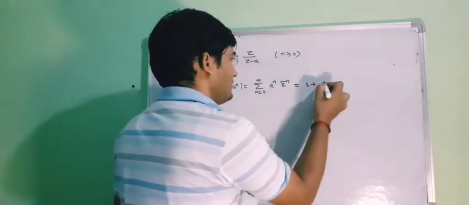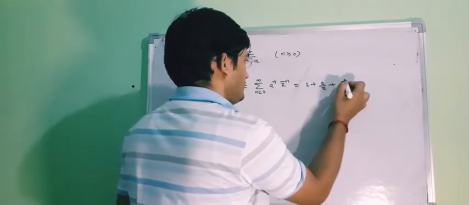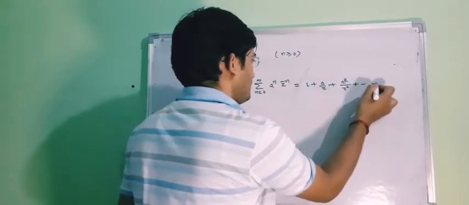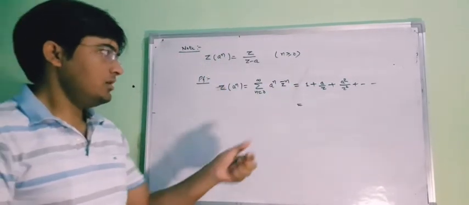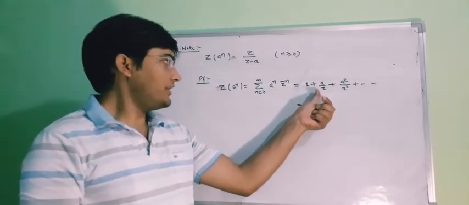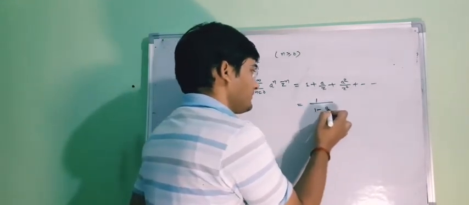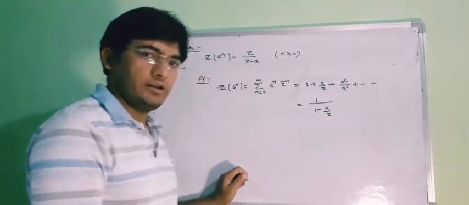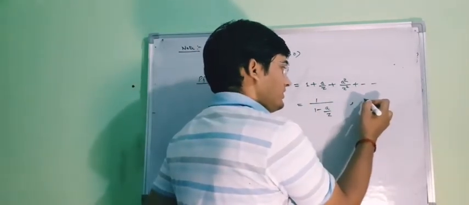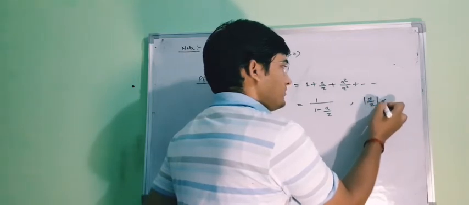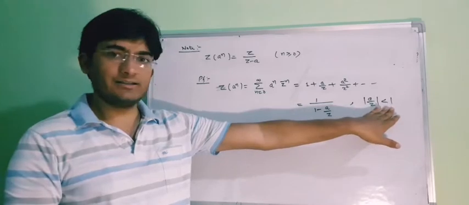At n equal to 1, we will get a upon z. For n equal to 2, we will have a square upon z square, and so on. So this is your geometric progression. Now the sum of the infinite terms of a GP is a upon 1 minus r, and it converges when the common ratio is less than 1, that is, when mod a upon mod z is less than 1.